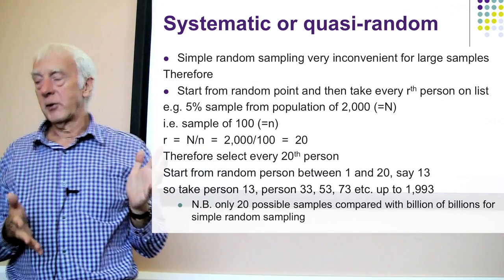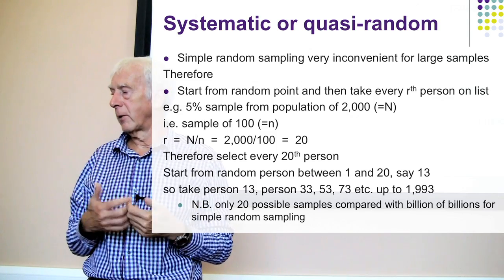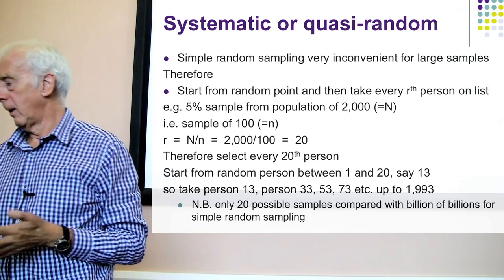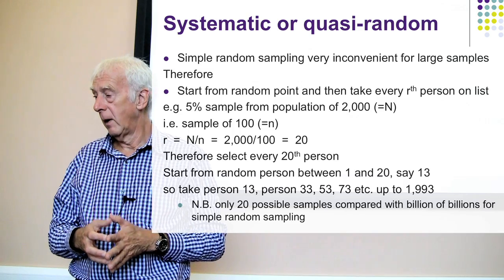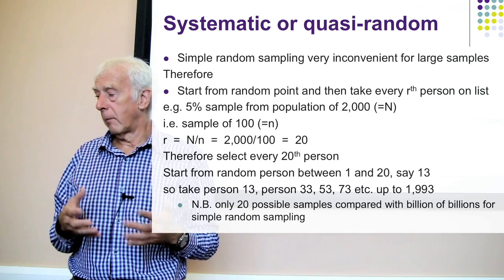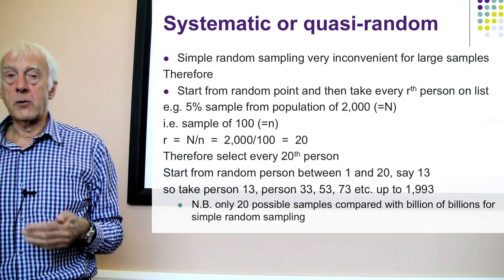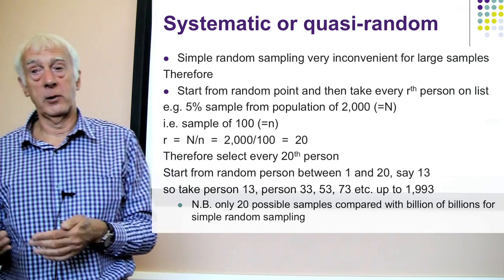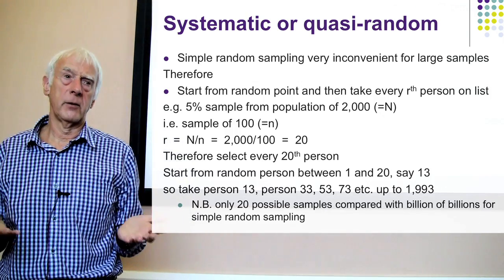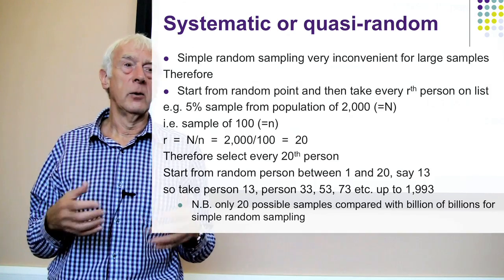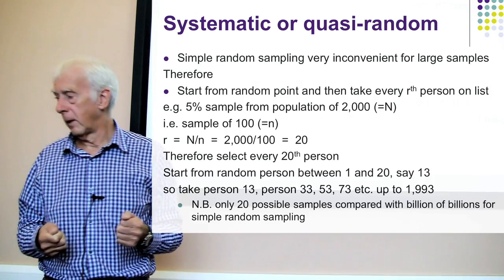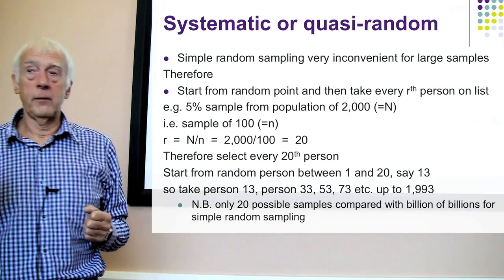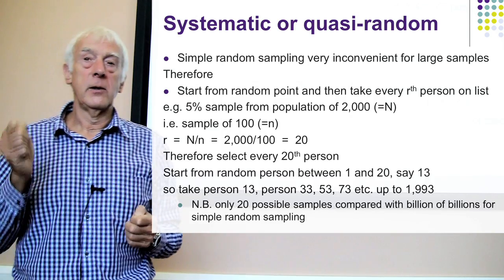So if you're taking a 5% sample from a population of 2,000 people, i.e. you're getting a sample of 100, 5% of 2,000 is 100, then r becomes big N over little n, that's 2,000 over 100, which is 20, so every 20th person. Another way of thinking of it is 5% is a 20th, so that's what you want, 1 in 20 of the people chosen.